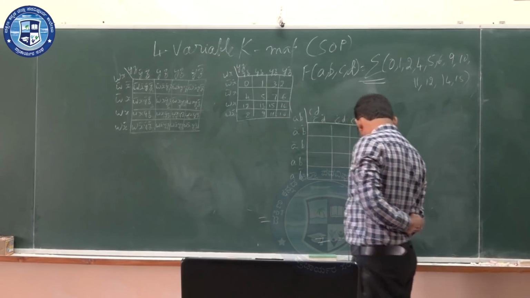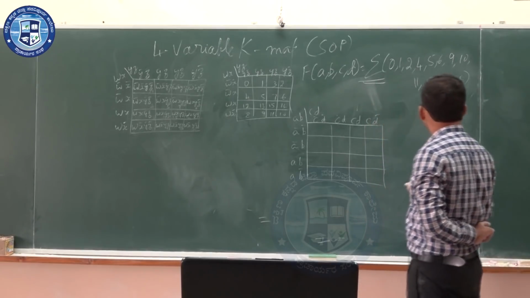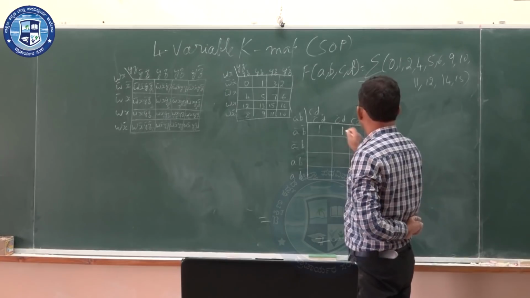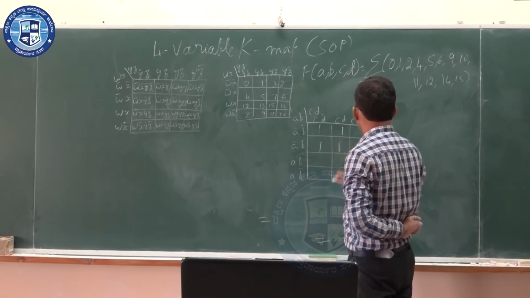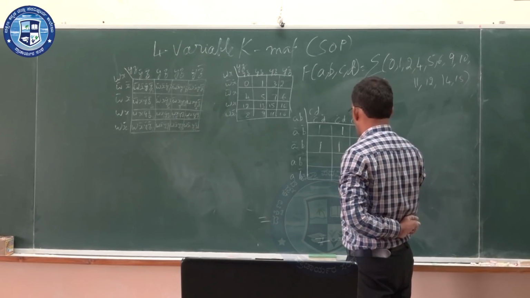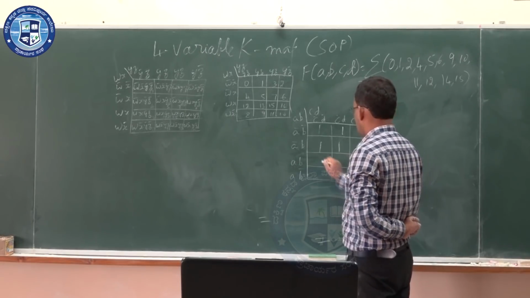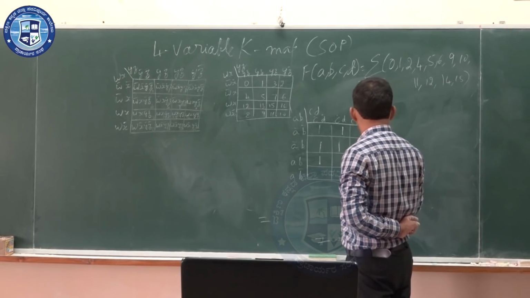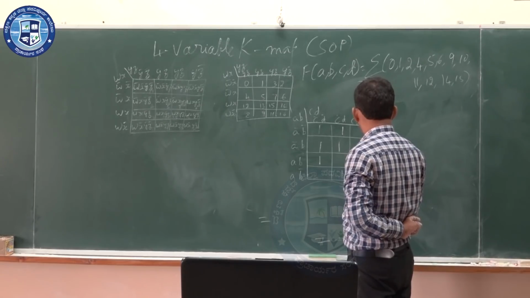Let me map. It is 0, 1, 2, 4, 5, 6, 9, 10, 11, 12, 14 and 15.